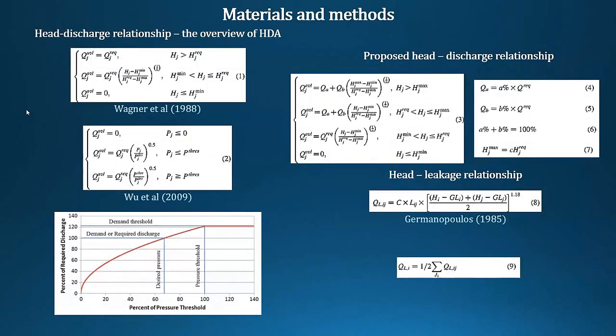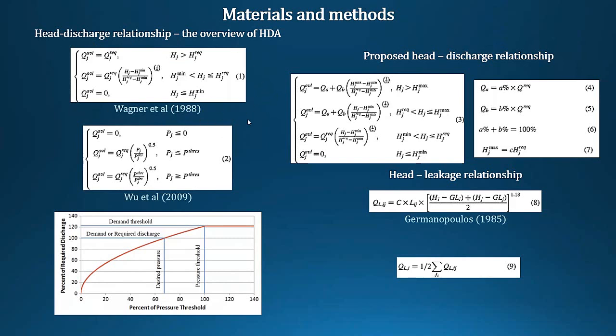On the left side of the screen, we have the head-discharge relationship in a general overview. Principally, we have the equation proposed by Wagner for the relationship between head and discharge. This equation is from 1988. This equation has a restriction.